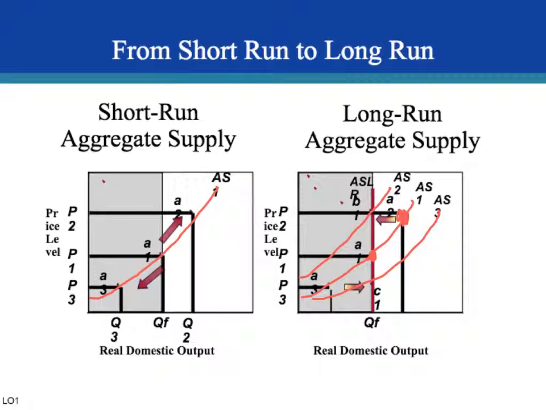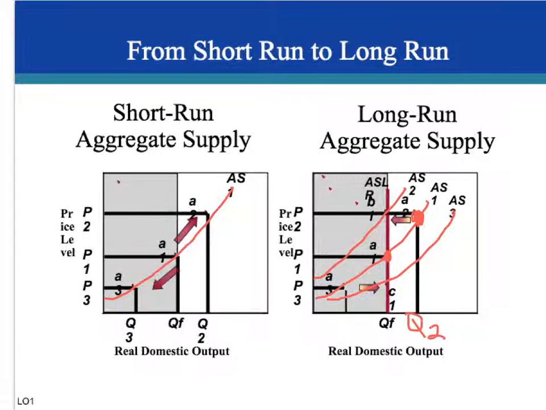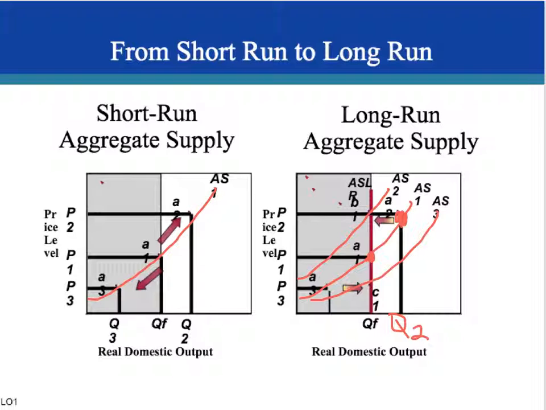Okay, and so what's going to happen is in the short run, production is above potential output, which is QF over here, and in the short run, input prices are inflexible, especially wages. Well, wages seem to be the most inflexible variable.